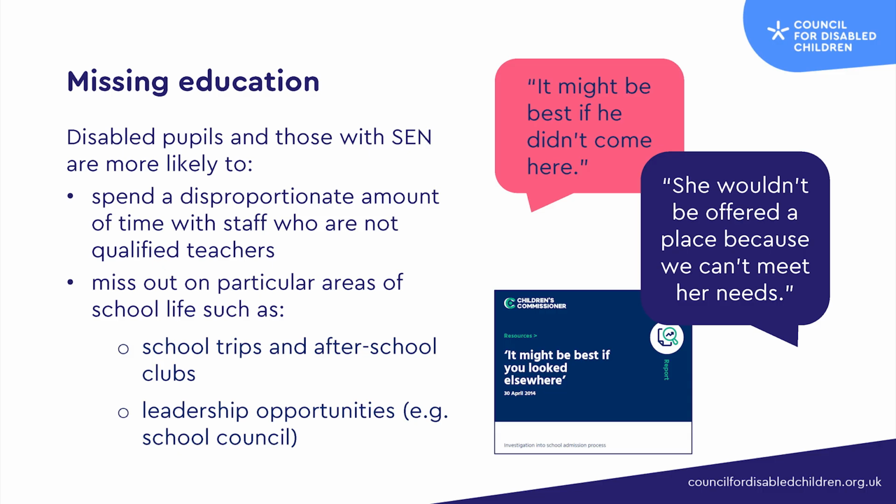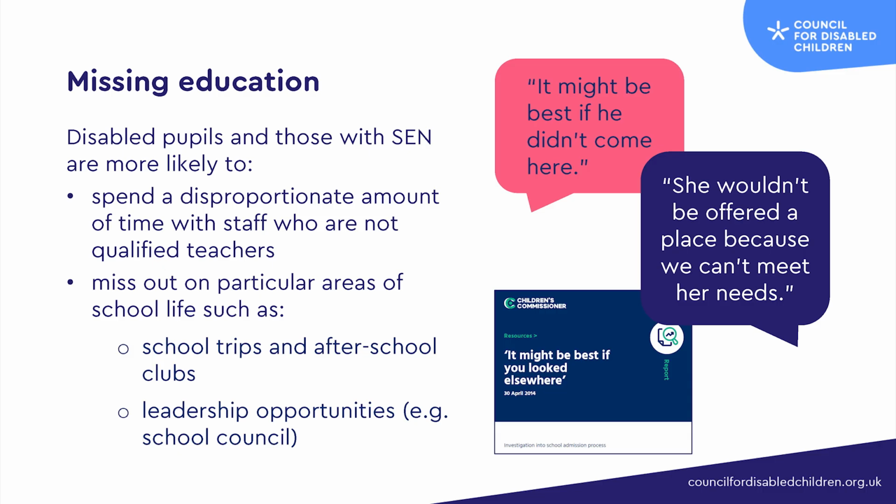And the Children's Commissioner's report in 2014, titled "It Might Be Best If You Looked Elsewhere," uses disability data based on the Equality Act definition. It documented how some families were actively or subtly discouraged from admissions. Parents reported being told things like, "It might be best if he didn't come here," or "She wouldn't be offered a place because we can't meet her needs."